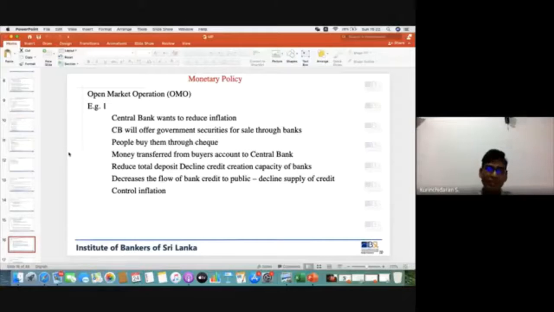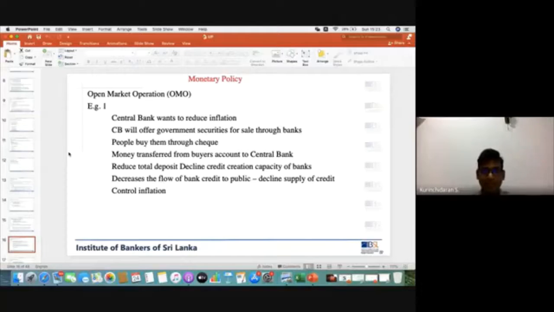Then automatically the price will come down, because if you take goods market equilibrium, the supply of goods and demand for goods, with the fund shortage the demand will decline, so the price will come down. So automatically the inflation will be controlled.